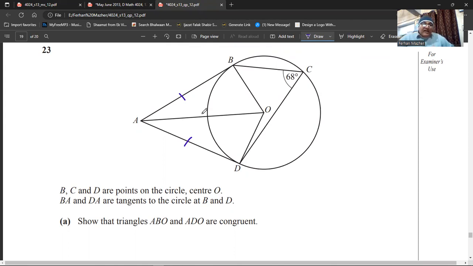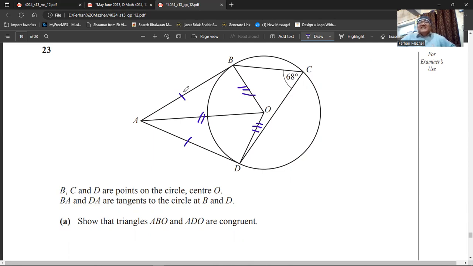The AO side is common to both triangles, and the OB side and the OD side are equal to each other because they both are the radius of the same circle. So in these two triangles, the three sides are equal to each other, so we will say that the triangle AOB and the triangle AOD are congruent to each other.